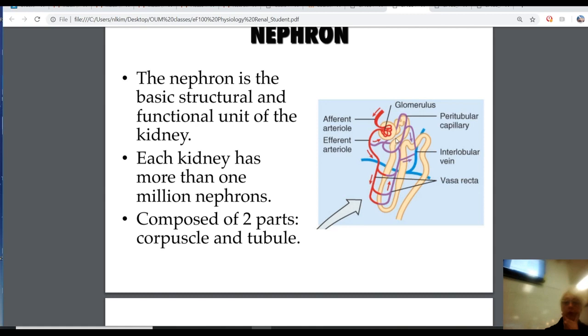So we move out of Bowman's capsule, or the corpuscle, and we move into what we call the peritubular capillary. And the peritubular capillaries start to descend. Okay, this is what we call the descending loop of Henle. This is the ascending loop of Henle. Okay, so the peritubular capillary, the descending loop of Henle, the ascending loop of Henle, convoluted tubules.